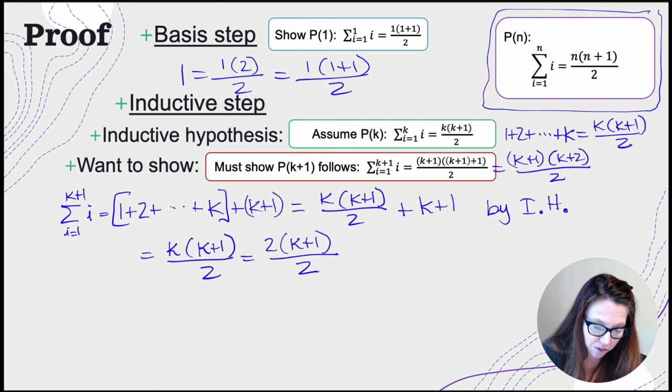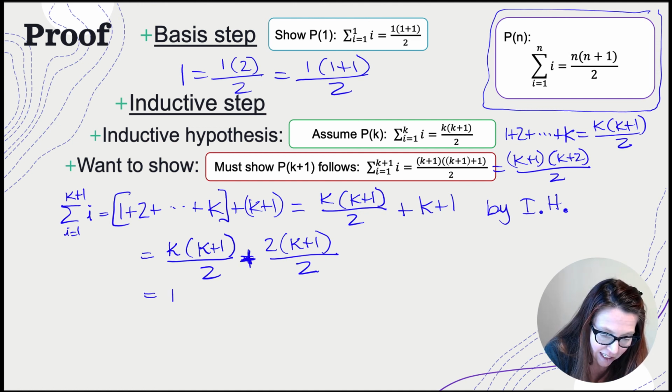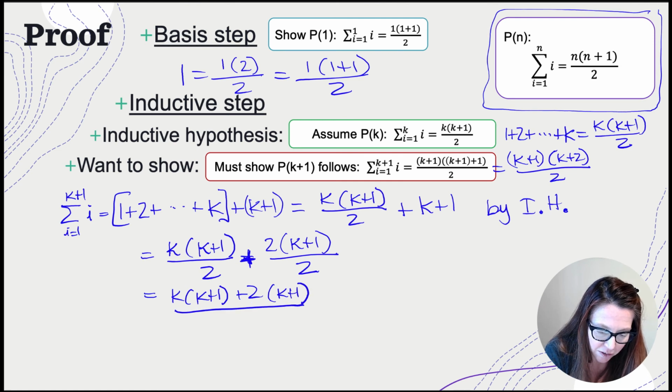Now I can add these two together. Oops, that should be a plus. There we go. And now I can add them, I can put them over that same denominator. So I've got k times k plus 1 plus 2 times k plus 1 all over 2.